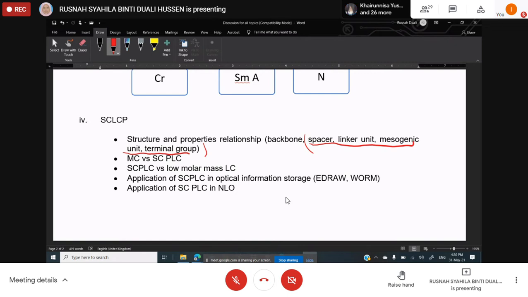So that is the backbone, then the spacer. Short and less flexible. When the spacer, the connecting unit, is short, the mesogenic unit will not be able to move easily inside there.